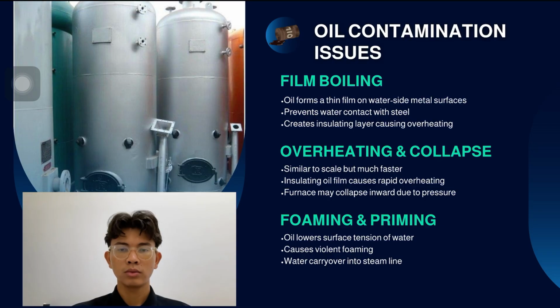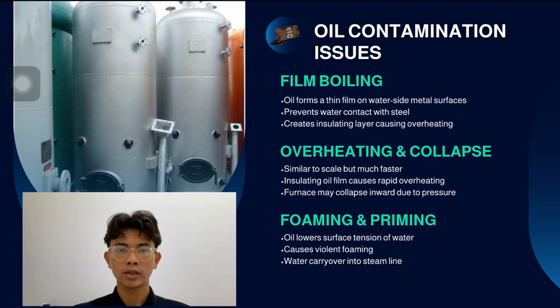Now look at oil contamination. This is arguably more dangerous than scale. Oil forms a thin film on the water surface. This creates film boiling, which insulates the metal and prevents water contact.